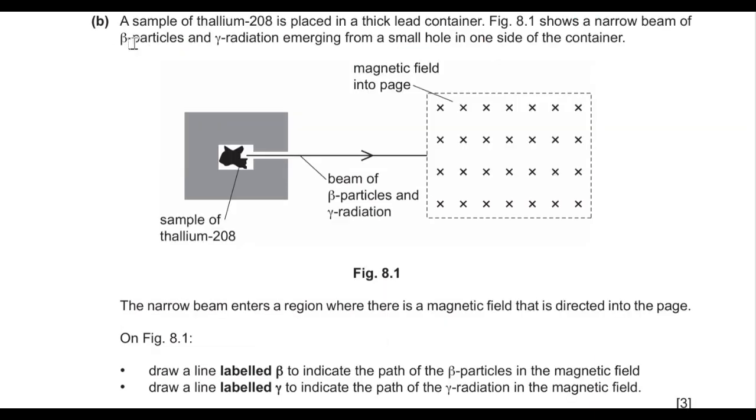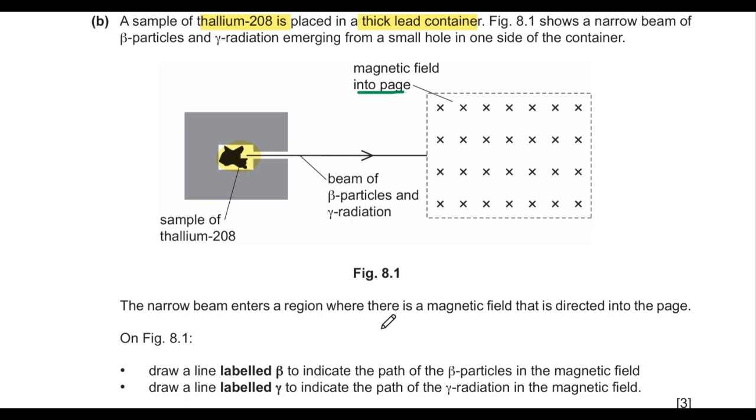B part says a sample of thallium-208 is placed in a thick lead container. Figure 8.1 shows a narrow beam of beta particles and gamma radiation emerging from a small hole in the container. So here we have a sample of thallium-208 which is emitting gamma and beta particles which are going straight into a magnetic field, and the direction of the magnetic field is into the page.